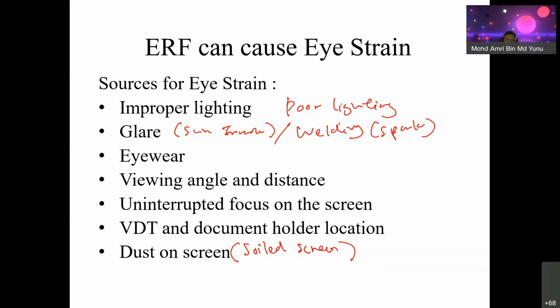When you are driving, for instance, or when you are outside and it's sunny, use eyewear or glasses. Viewing angle and distance can also cause strain. Don't stare at something very far for a long time. And others, like dust on the screen, where the visibility has gone very poor.